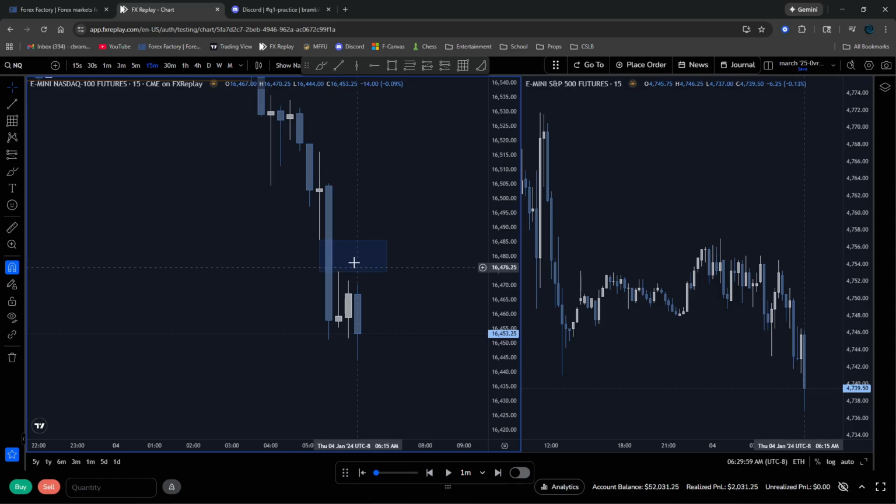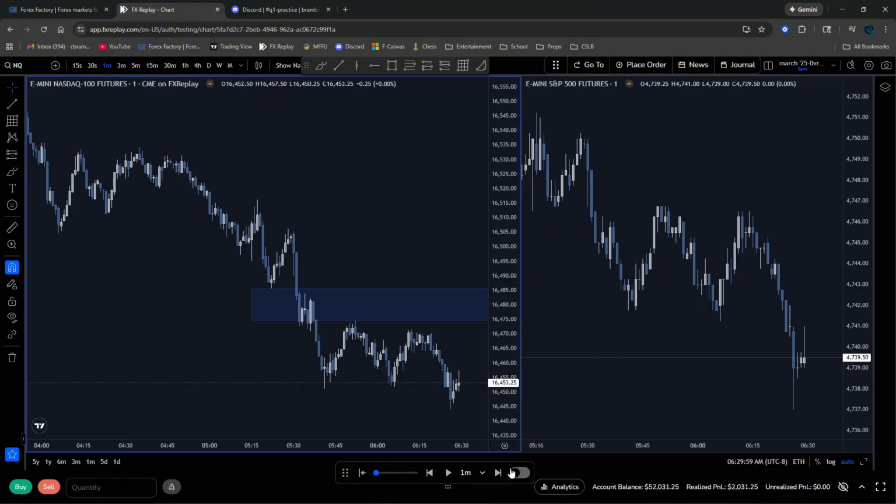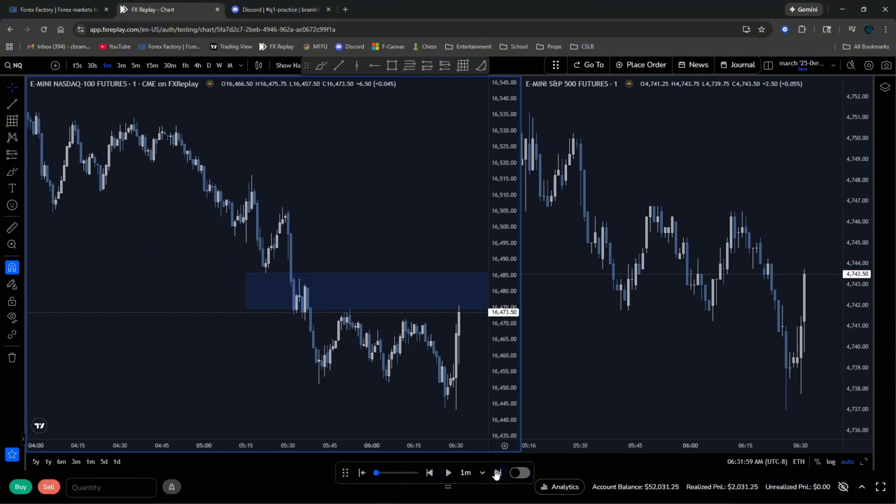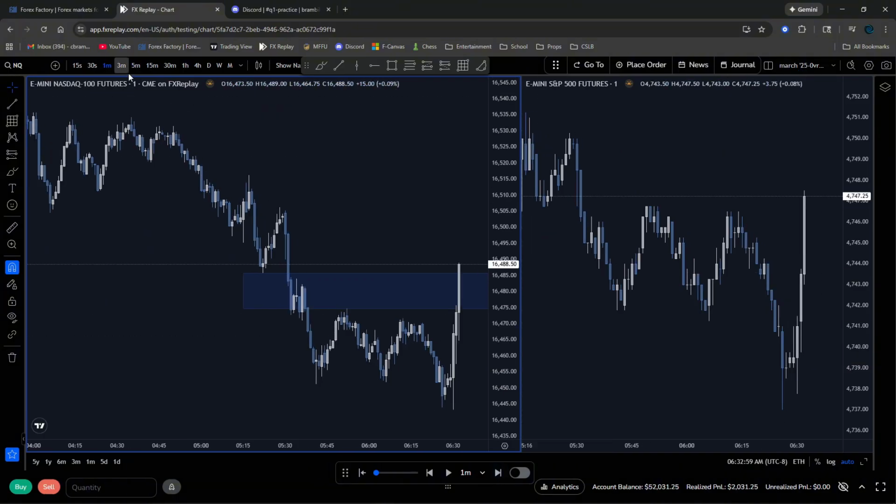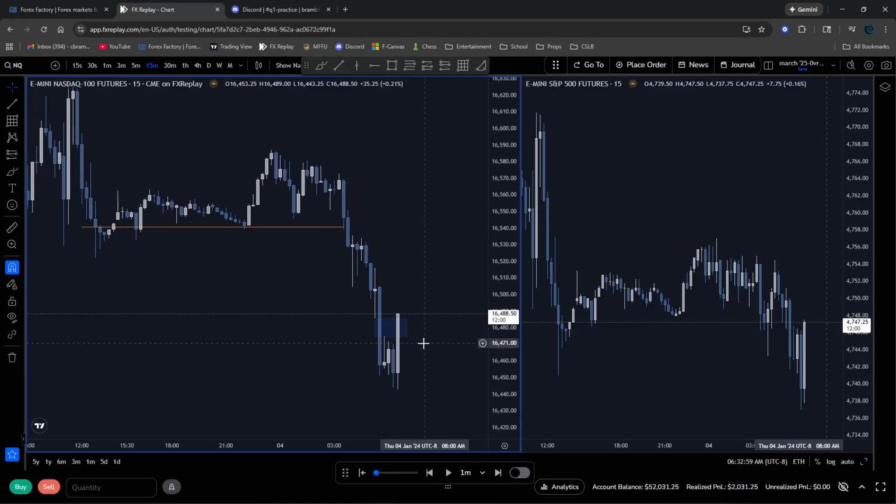No. So we know that although, yes, it closed below, there is no liquidity taken. So we'd like to see internal manipulation and then sell side delivery. That's what we needed. Okay, it's completely going to run through it, isn't it?